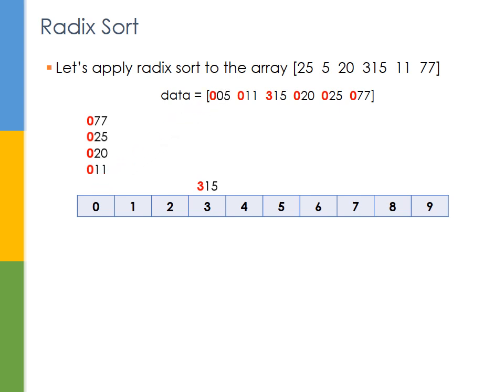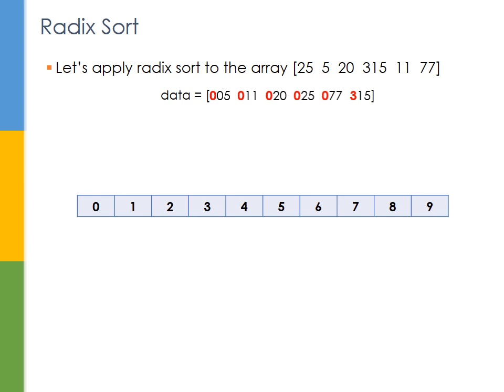So we now need to dequeue our values back into the data array. The first value is 5, then 11, which moves into the second position, then 20, then 25, and 77, and finally 315. So at this point, we see that these values have now been ordered in ascending order.